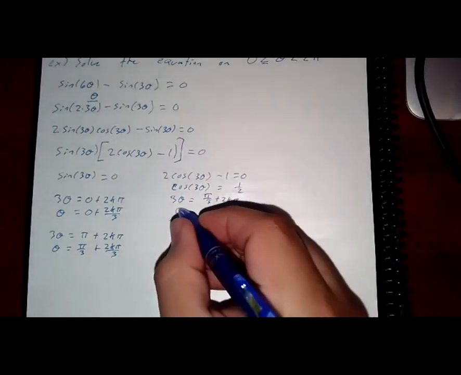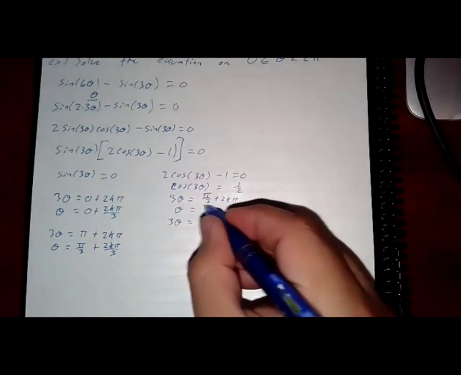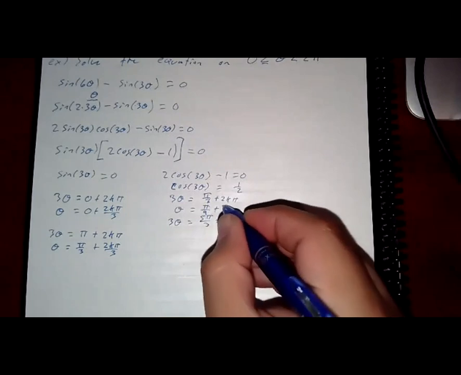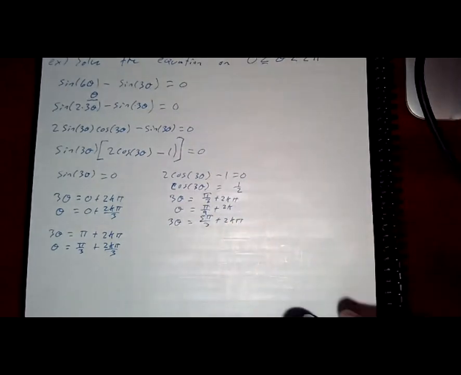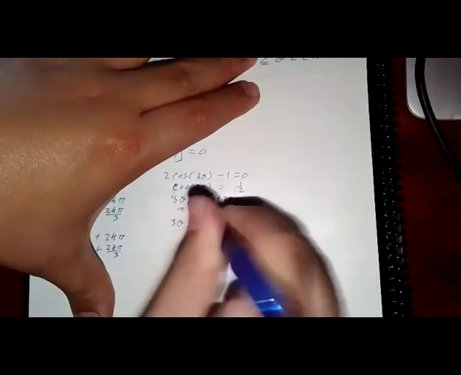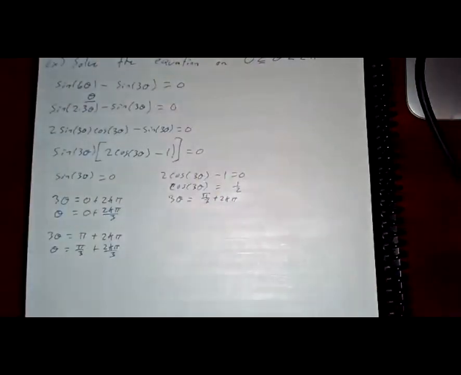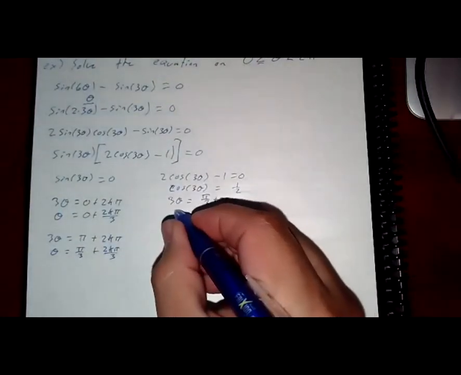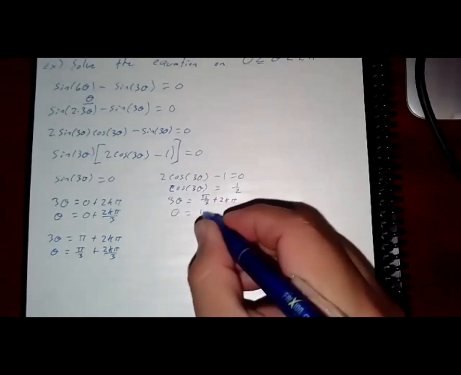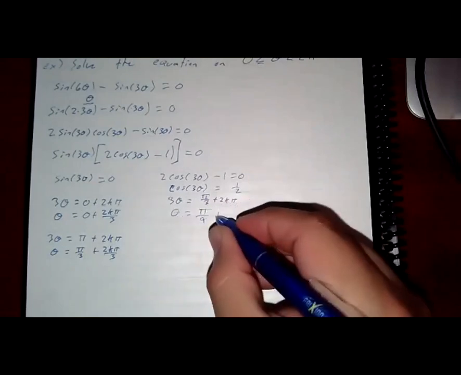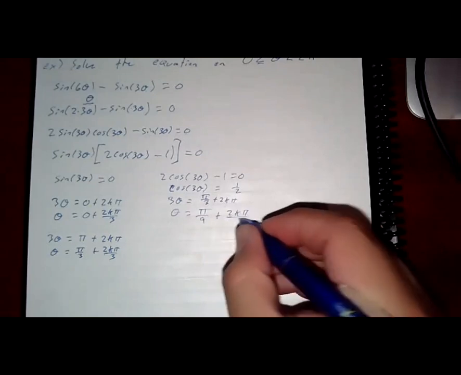All right. Divide by 3 on the first one, that would give us the first set of pi over 9 plus 2k pi thirds. Theta will be pi over 9 plus 2k pi thirds.